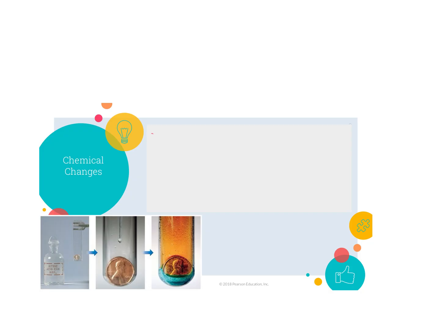Chemical changes, on the other hand, result in a change of chemical composition. Some examples are combustion, otherwise known as burning with O2 gas.